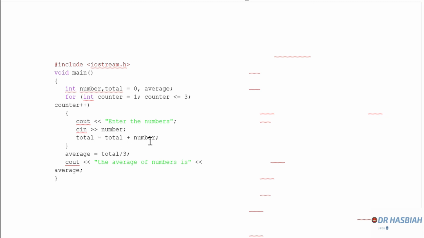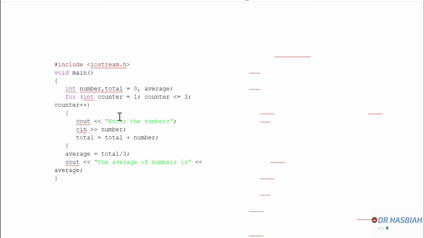Let's say you do not know what the total is now. So you have to assign total equal to 0 first, at the top here. And number you also have to declare as integer, and total as integer, but total you have to assign to 0 first, because we want to add the total with the number that we enter.